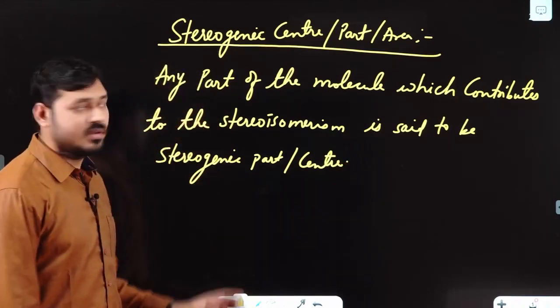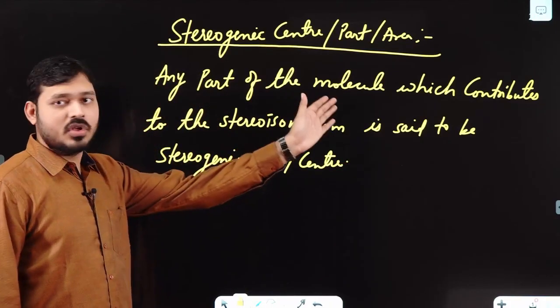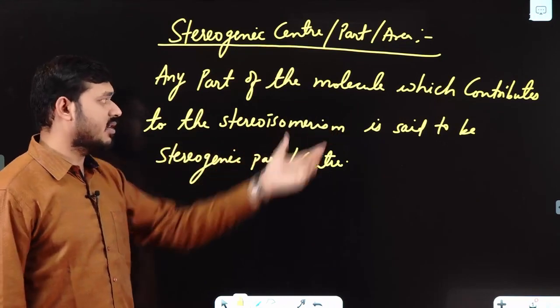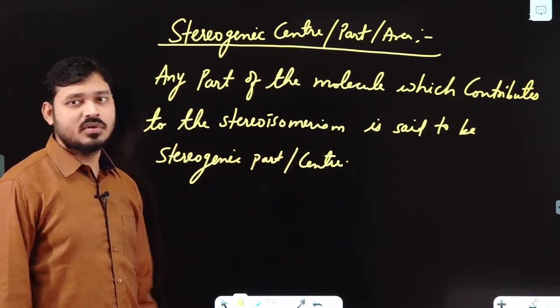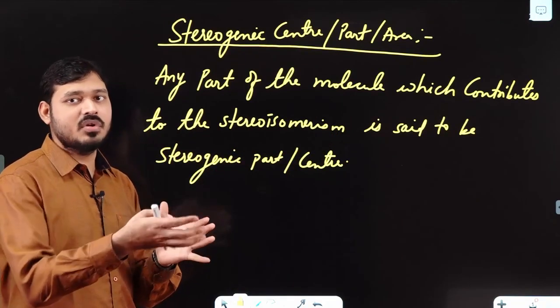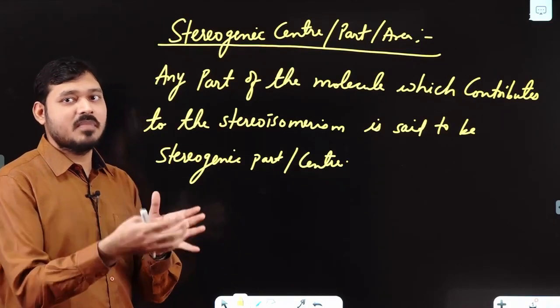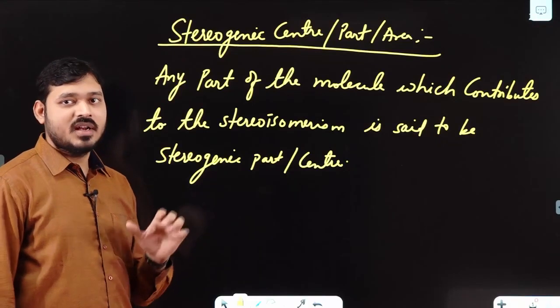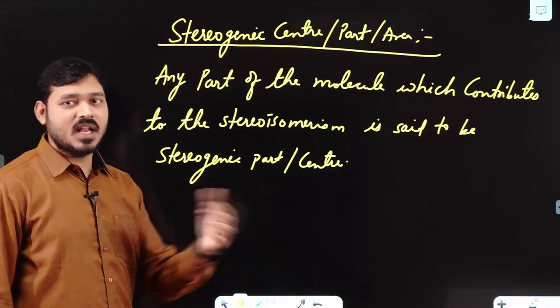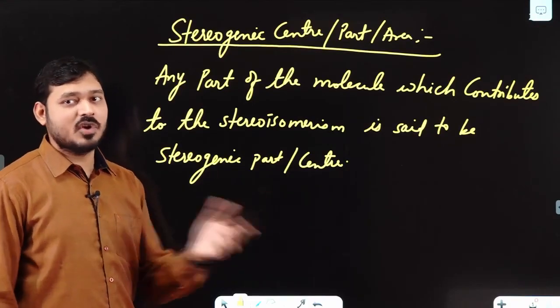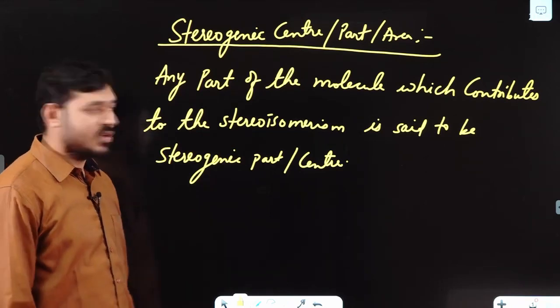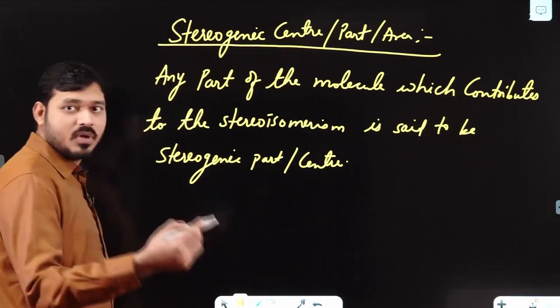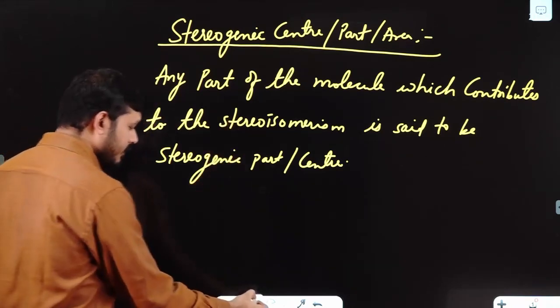Clear to you all? Now how? That part may show optical activity, that part may be a chiral center, that part may be a cumulene part, that part may be a biphenyl part, maybe a spiro part. So let's see all the cases. Hope you have noted this definition.